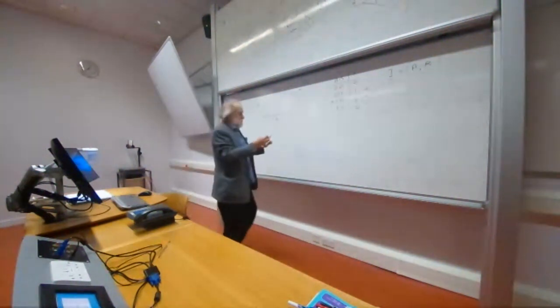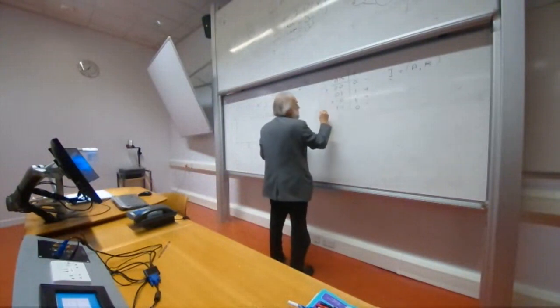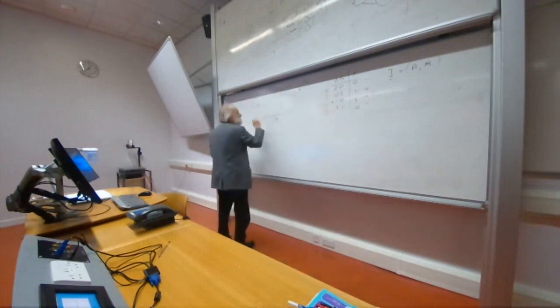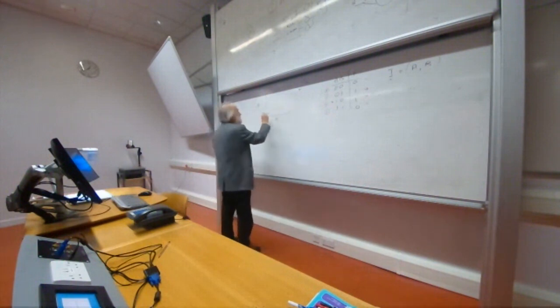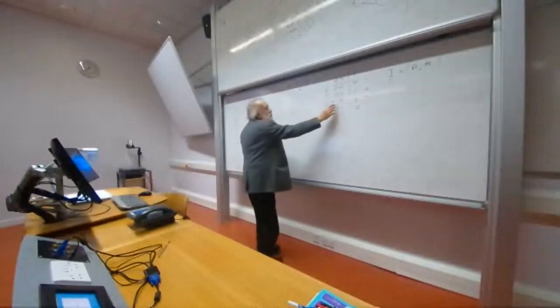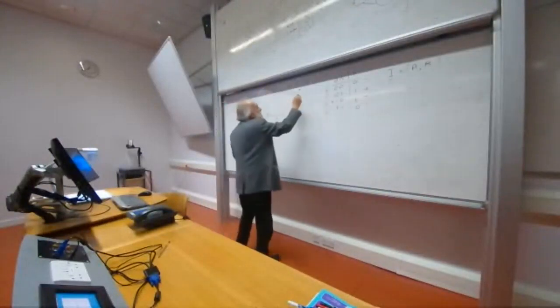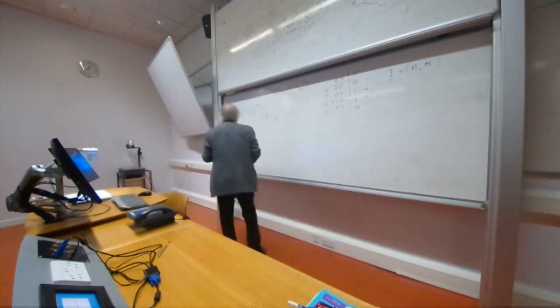So if I were to label these inputs 0, 0, 0, 1, 1, 0, and 1, 1, just so we know where we are, this is going to be pattern 0. 0, 1 is going to be pattern 1. 1, 0 is going to be pattern 2. And 1, 1 is going to be pattern 3.